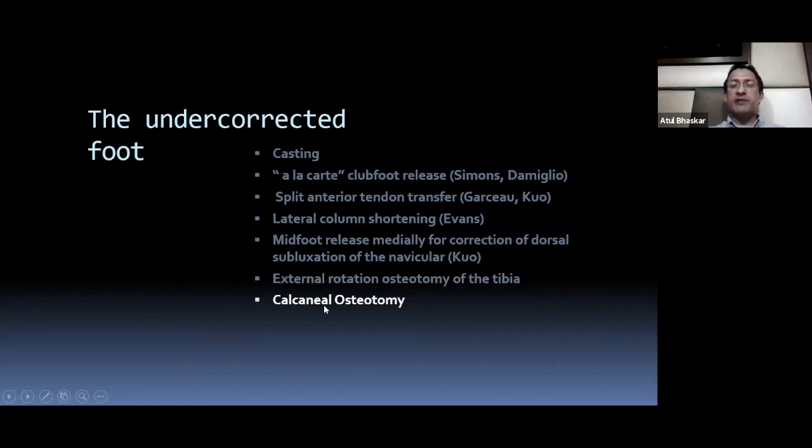This is done for very rigid varus deformity, not commonly, but in a child more than 8 to 10 years where there is hindfoot varus and you cannot get the foot corrected by a midfoot osteotomy, you have to do what is called a Dwyer's or lateral column closing wedge osteotomy. Finally, you can get a dorsal bunion because of the forefoot dorsiflexion, and we have to fuse the great toe, the hallux MTP joint, to get the dorsal bunion corrected.